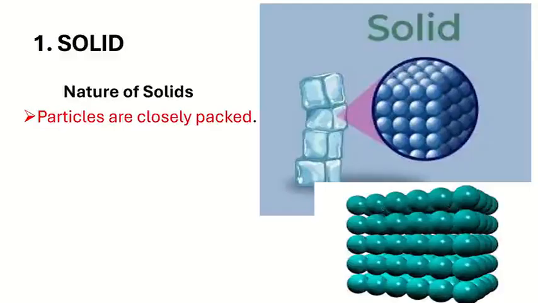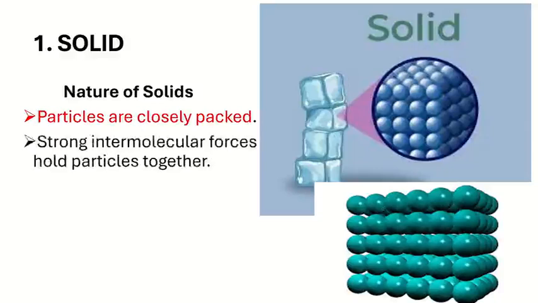And we don't want to say atoms and molecules, so we say the particles are closely packed. We also say that there are strong intermolecular forces holding particles together. What can keep these particles so close unless the force is very strong? If not, they would like to move apart. So the force holding them together is very strong.